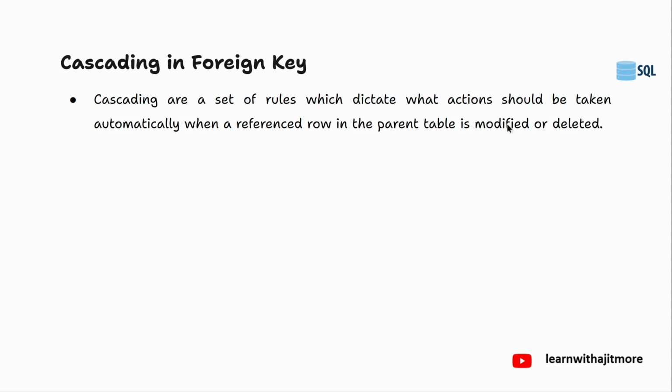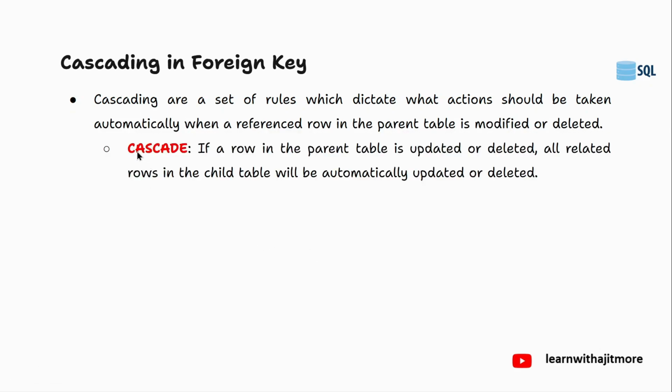When the parent record is modified or deleted, then what action to take on the child record who are referring to that parent is given by cascading. So the first rule is cascade. And how do you write it: on delete cascade, on update cascade?